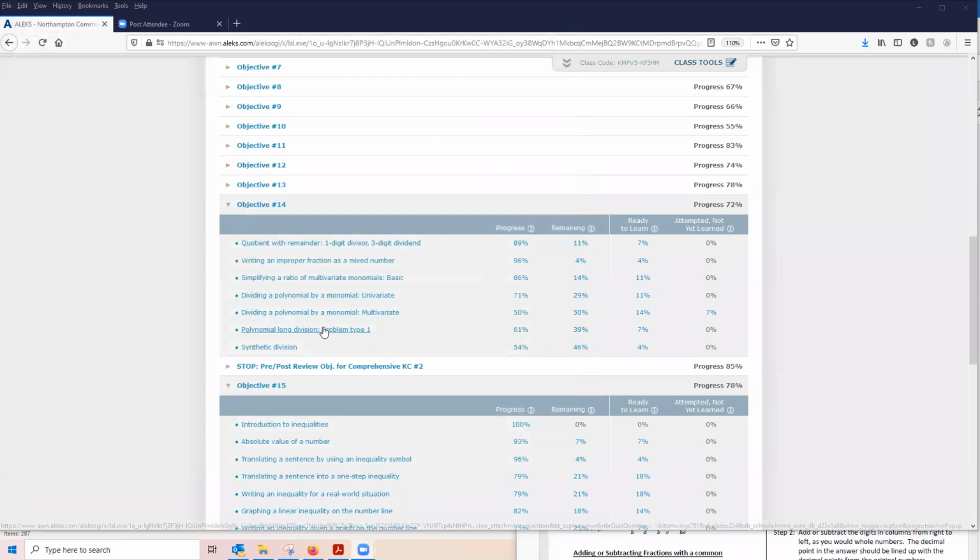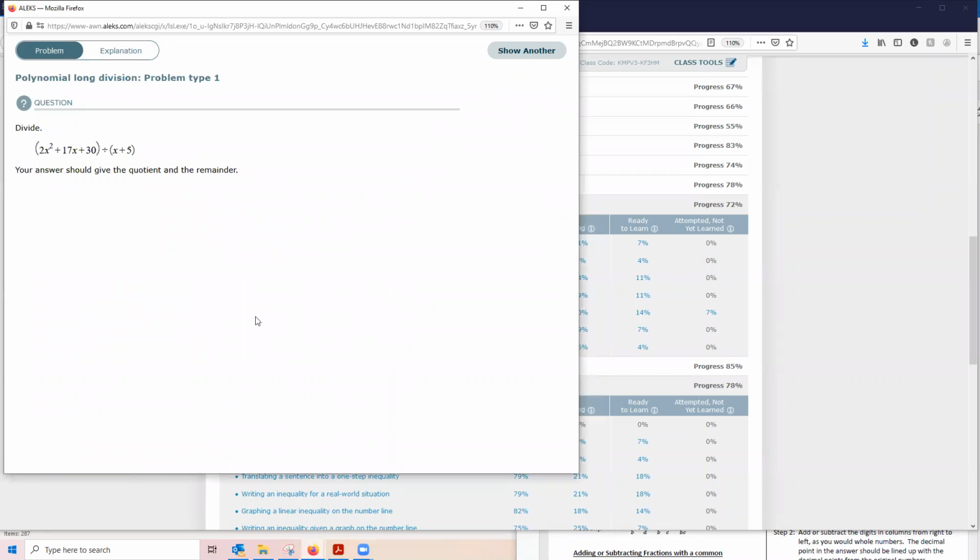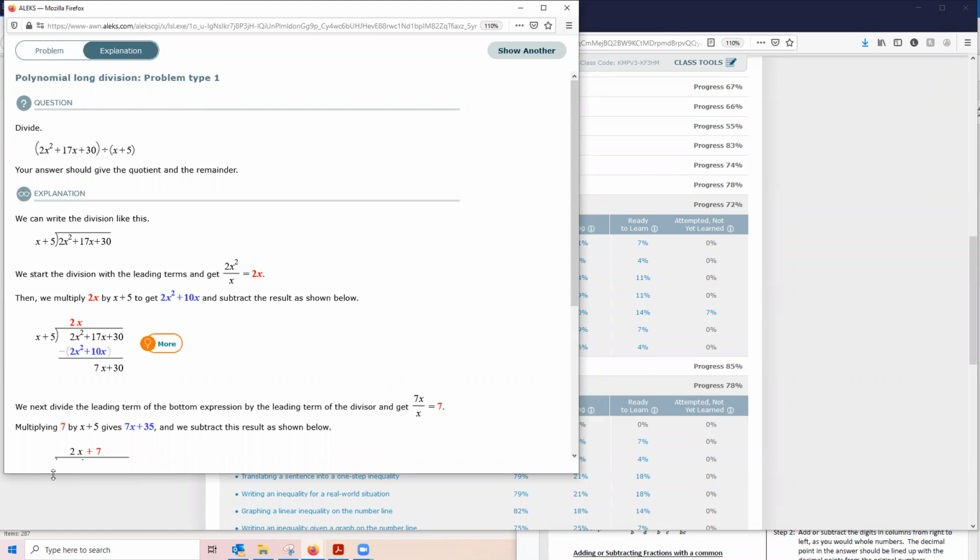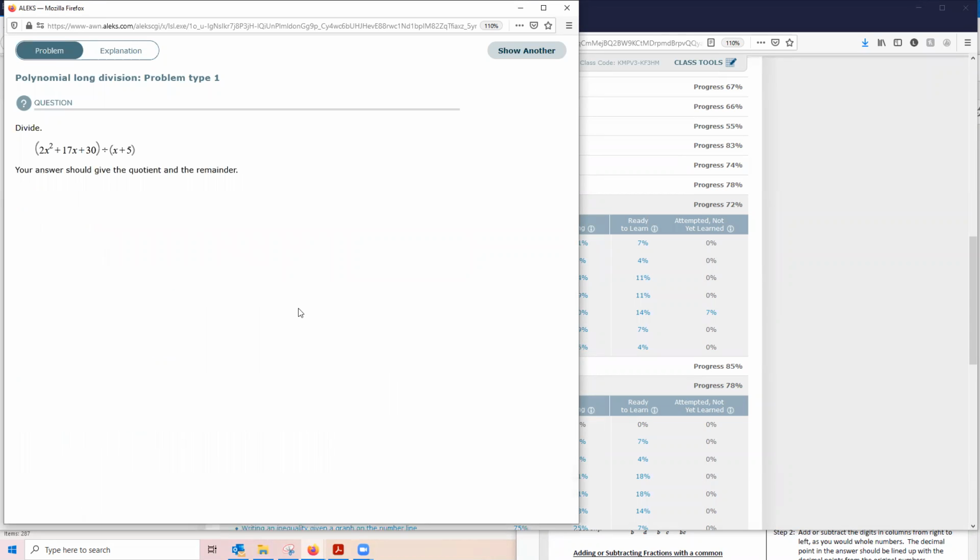All right, let's come here to an example that's called long division. Now, long division, this is a little messy, so I want to go here to this explanation. And please read through this explanation, because this will give you a good detailed step-by-step. But let me try to do it also here.